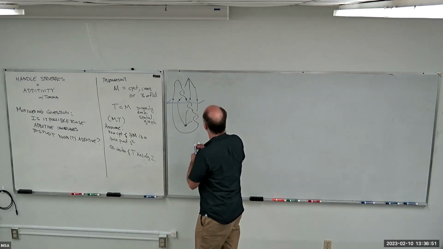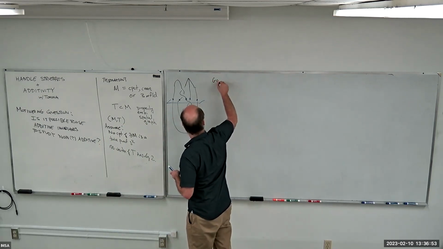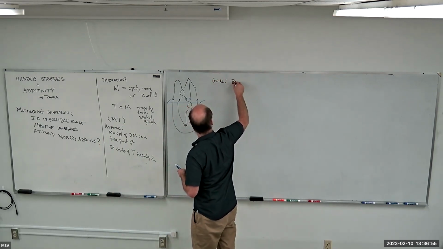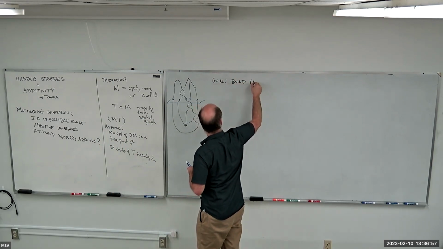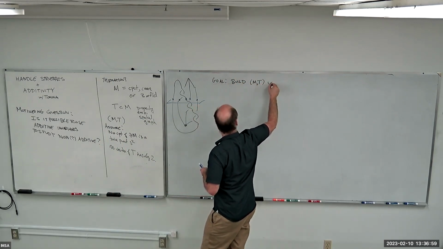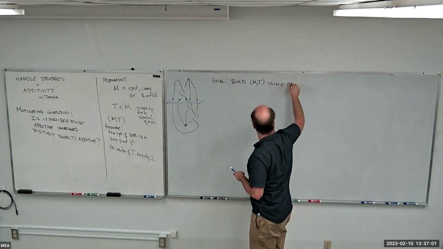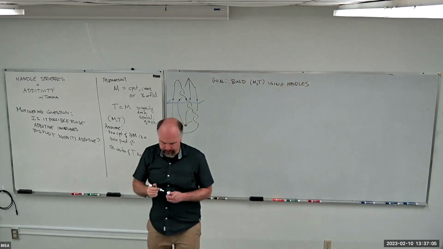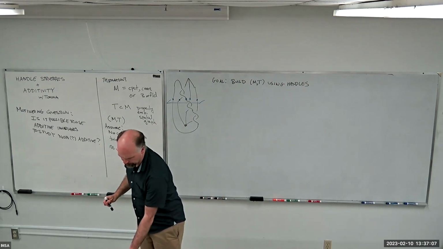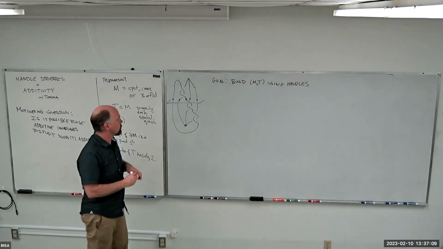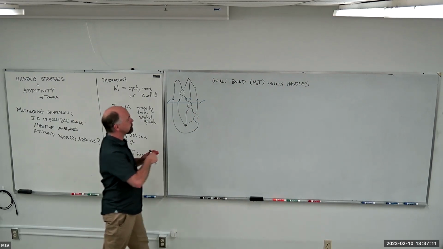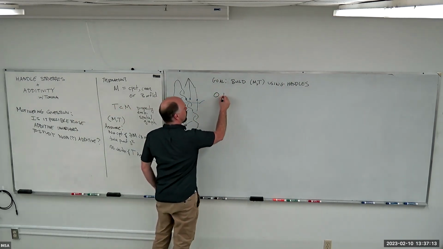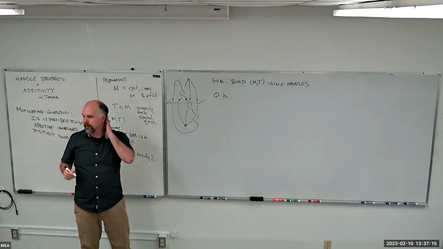So the goal is to build the pair (M, T) using handles. People have done this for ages, but let me tell you the kind of perspective we'll take on it. I'm going to tell you what the 0 handles and 1 handles are.